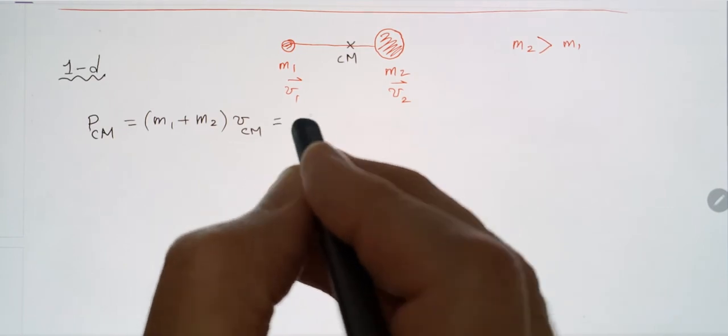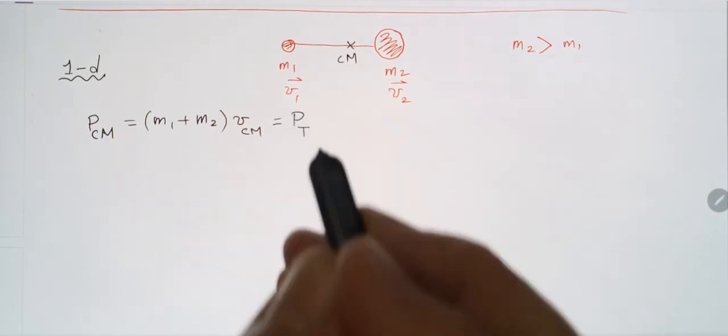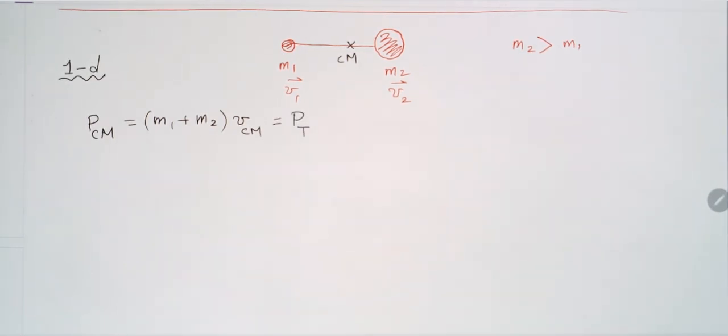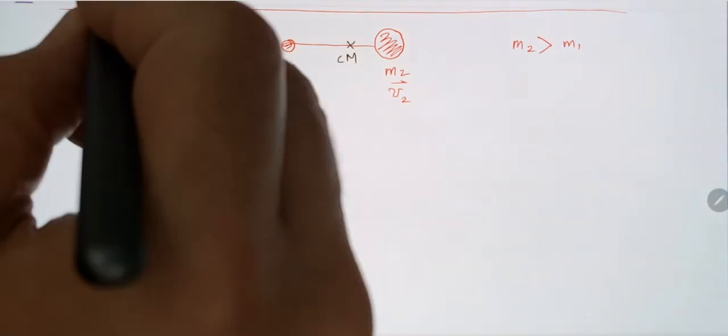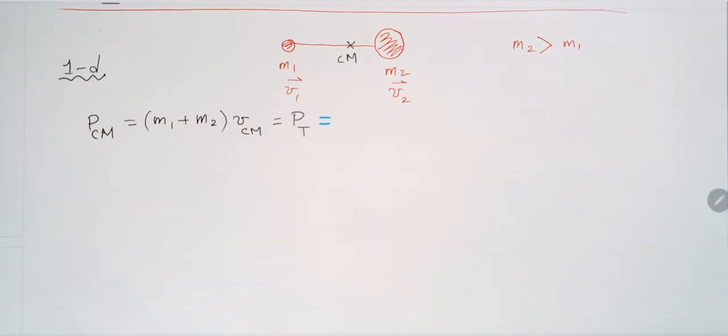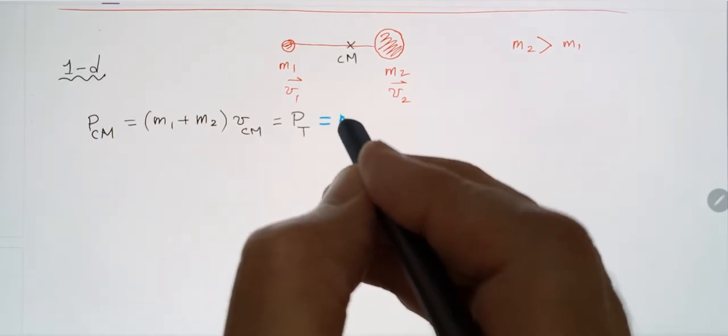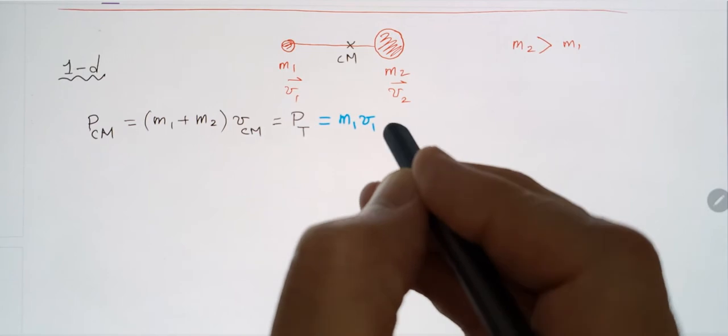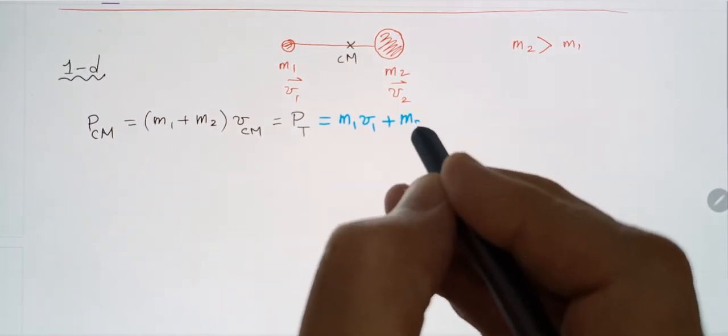And this is P total. But what is P total when you look at the individual objects? Well, it is M1 V1 plus M2 V2.